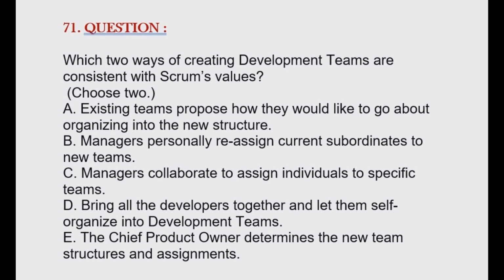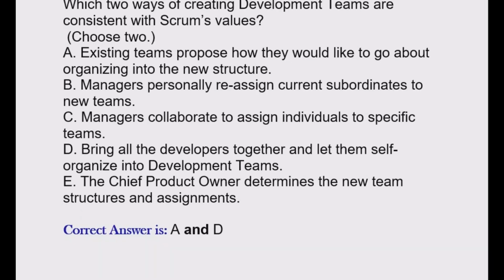Option C, managers collaborate to assign individuals to specific teams. Option D, bring all the developers together and let them self-organize into development teams. Option E, the chief product owner determines the new team structures and assignments. Correct answer is option A and option D.